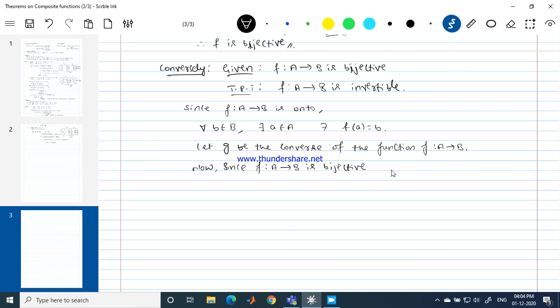we have cardinality of A equal to cardinality of B, and every element of B has a unique preimage in A under f.